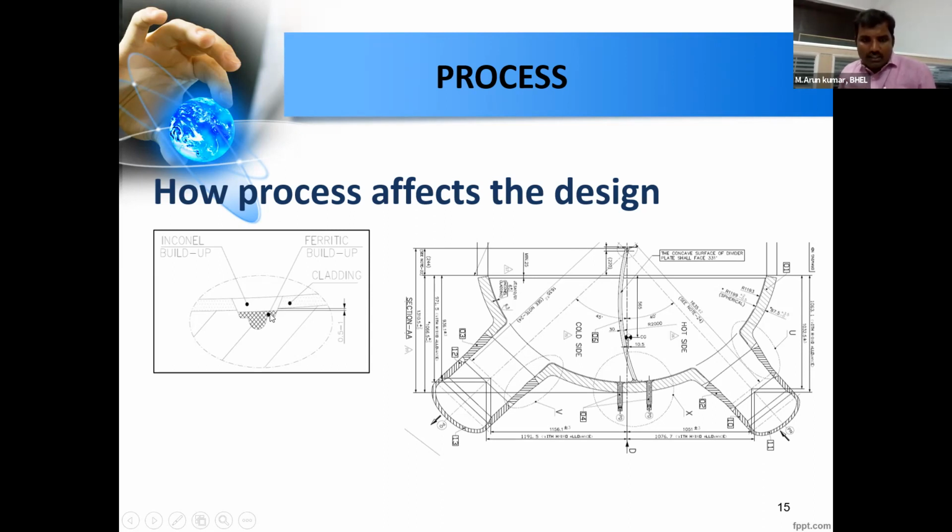We have restricted this buildup to 0.5 to 1 mm below the actual cladding, so that we are avoiding these indications. Then for the remaining region, we do the buildup of actual cladding material, that is austenitic stainless steel.